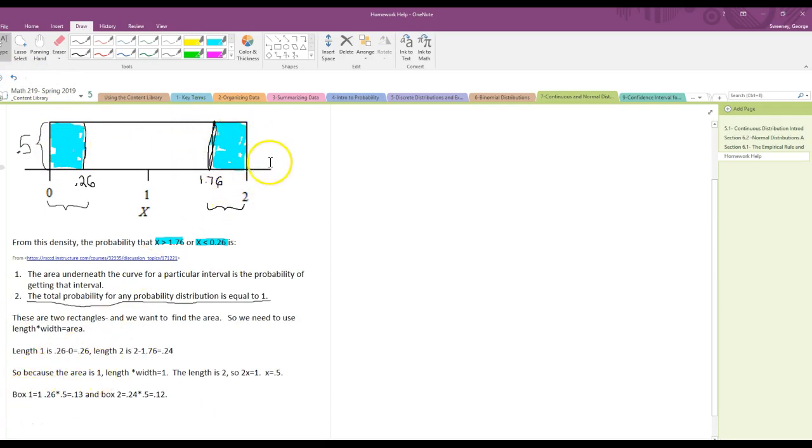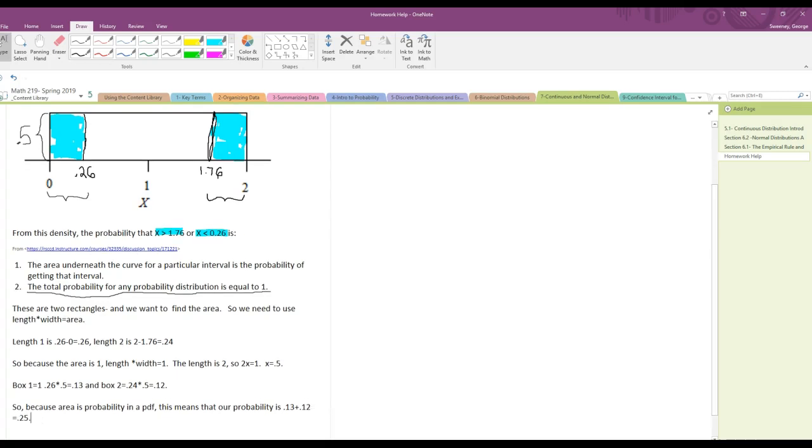That is their probability, because the area under the curve for a particular interval is the probability of getting that interval. So our probability is 0.13 plus 0.12, which equals 0.25.